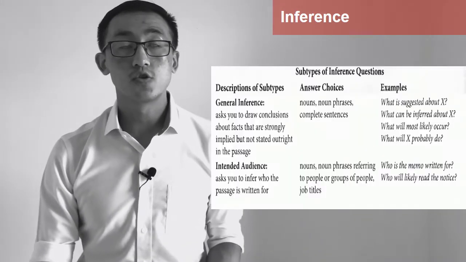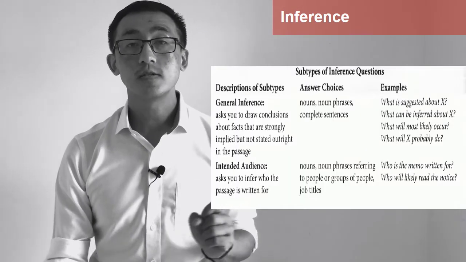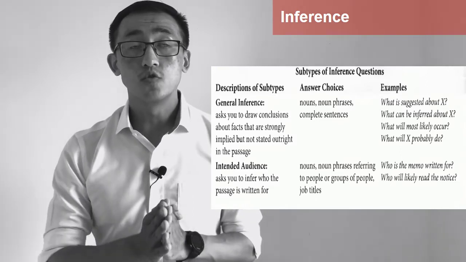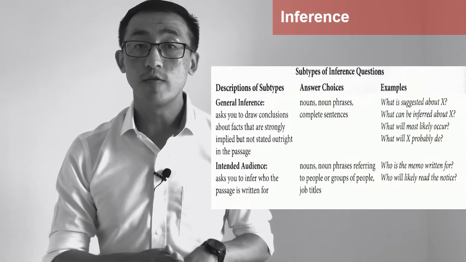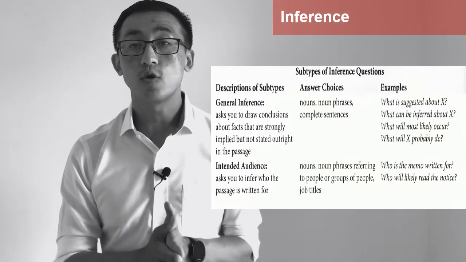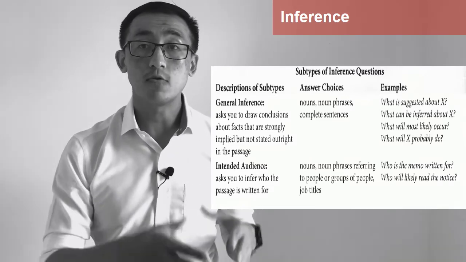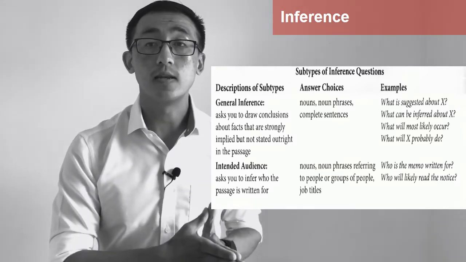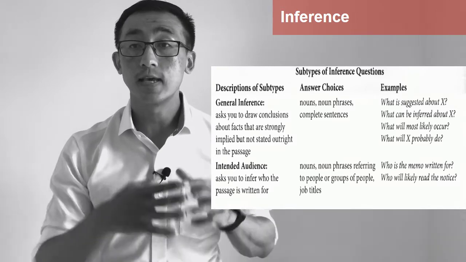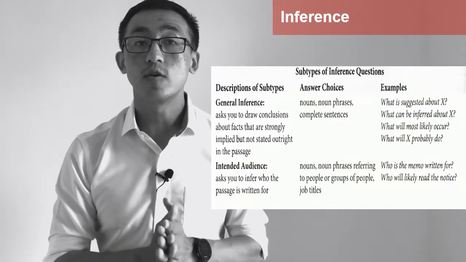The chart shows the information on the subtypes. One is general inference, and the example questions are like: what is suggested about X, or what can be inferred about X, or what will most likely occur. So this one is the general inference.